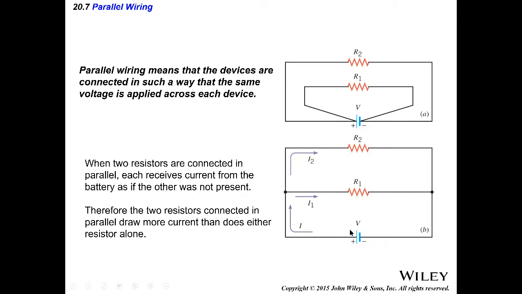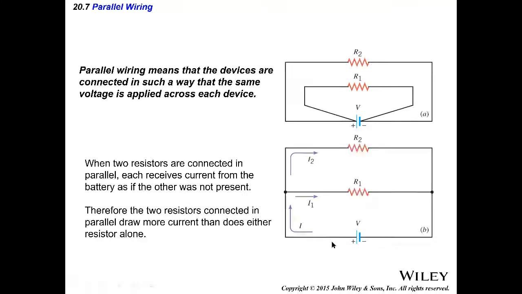Because they came from this side, which is at 12 volts, and the other side, which is at 0 volts. All right? So the voltage across here must be the same as the voltage across here because they were all connected to the same point. And in the language here, we are saying this wire has zero resistance, so there's no more voltage drop.